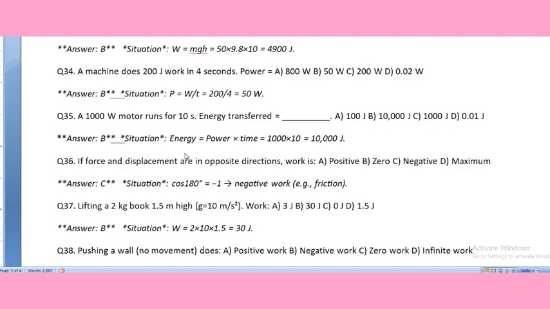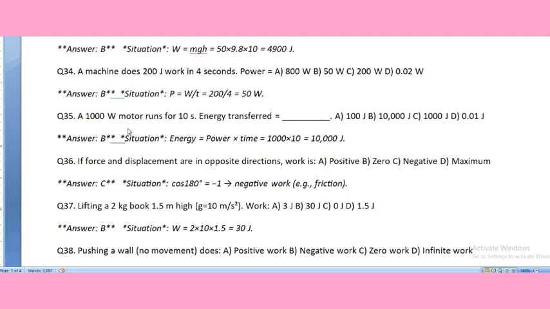The next question, question number 35. A 1000 watt motor runs for 10 seconds. Energy transferred is dash. Choice A 100 joule, choice B 10,000 joule, choice C 1000 joule, choice D 0.01 joule.